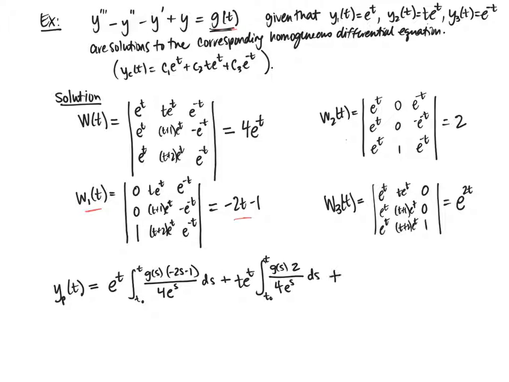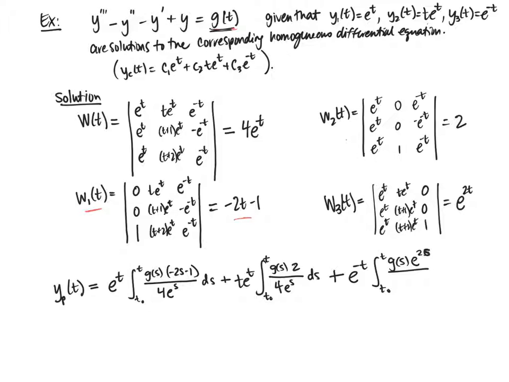And then I'm going to do plus, and this is my last term in this sum. My last one is going to be y3, so that's e to the negative t, times the integral from t naught to t of g of s, which I don't know what that is, but if I were given it, I could plug it in there, times w3 of s, which was e to the 2s.